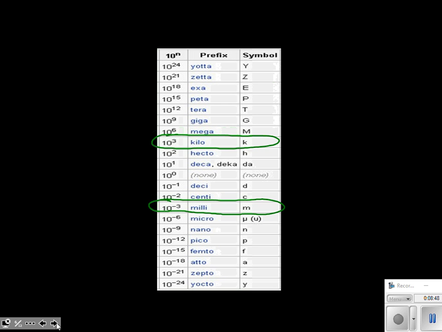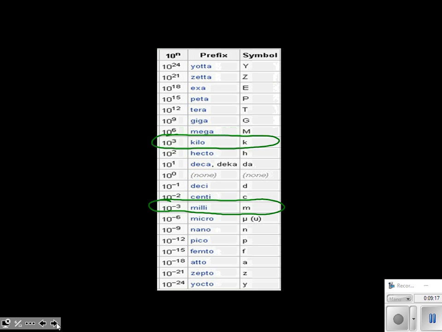Now, I have 3, 1, 2, 3 to get to 0, 1, 2, 3 to get to the plus 3. So that tells me that I need to make 6 jumps. 3 to get to 0, 3 to get to plus 3.